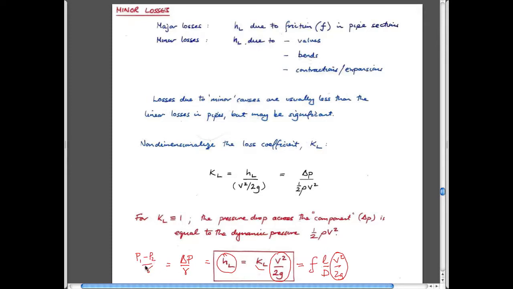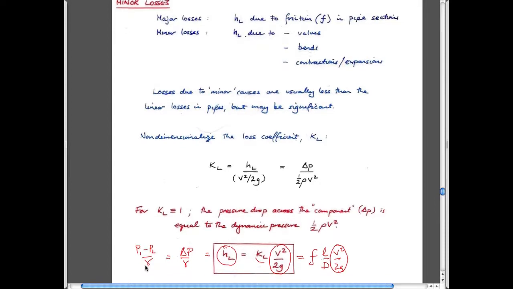So if you have a fitting, flow some water through it, and measure the upstream pressure and downstream pressure. The difference in those pressures is how much pressure you're losing over the system, which is indicative of how much energy you need to pump stuff through it. So that's typically the way that would be measured.